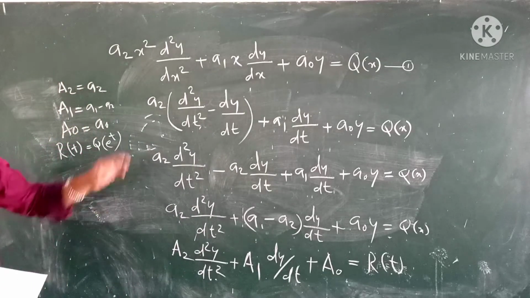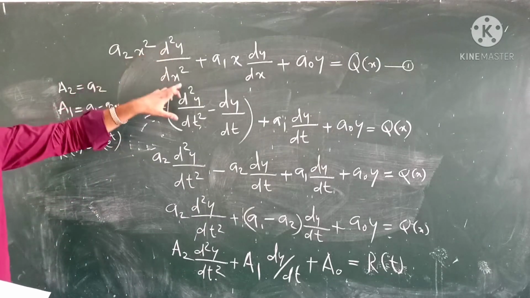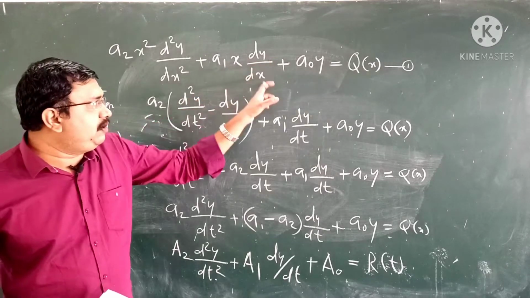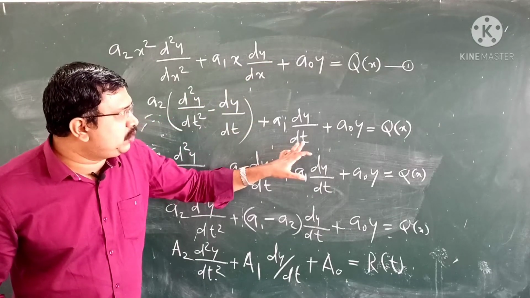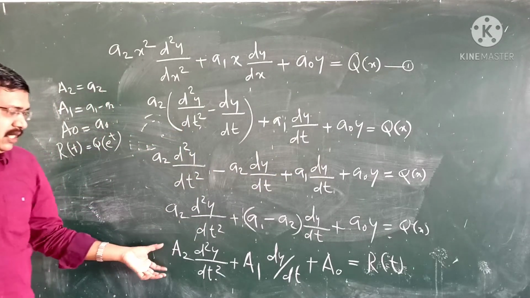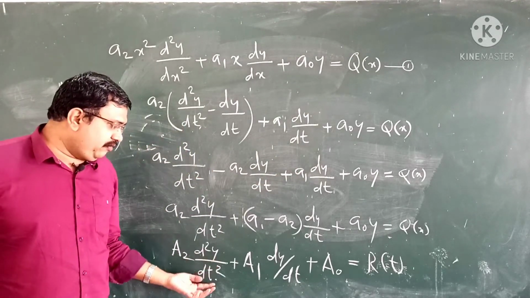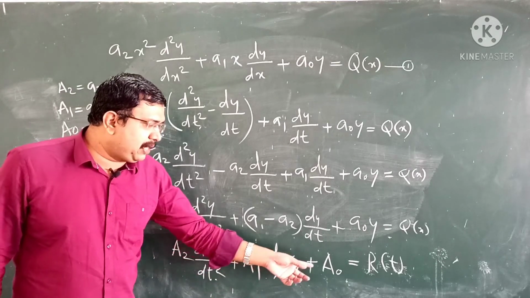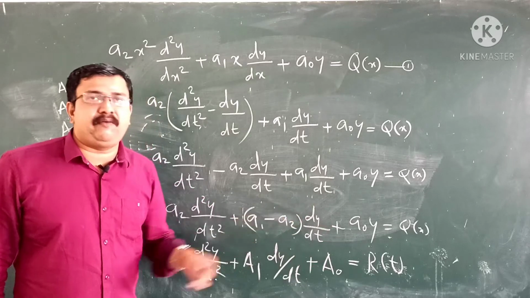Listen. x square d square y by dx square is replaced by this one. x dy by dx is replaced by this one. Then we will obtain like this, and the final answer is A2 into d square y by dt square plus A1 into dy by dt plus A0 y equal to R of t.